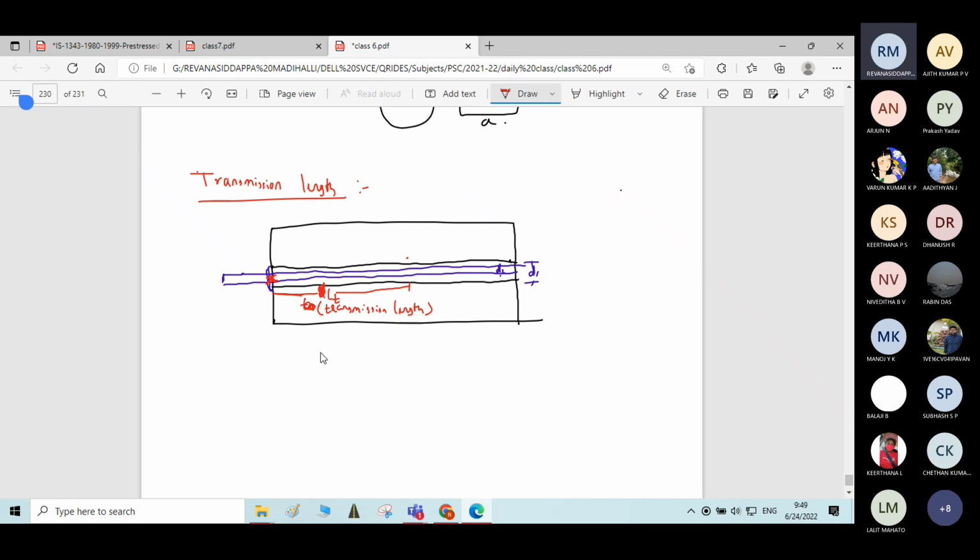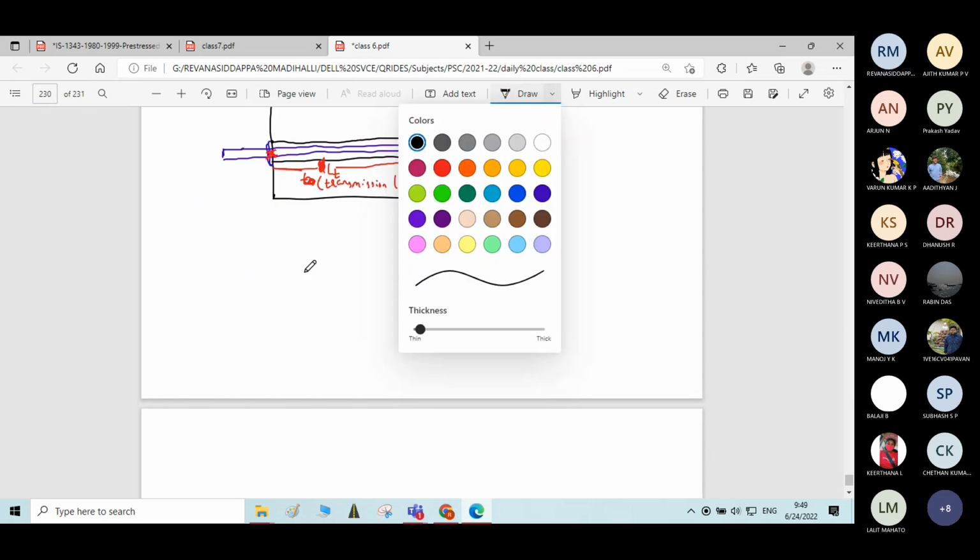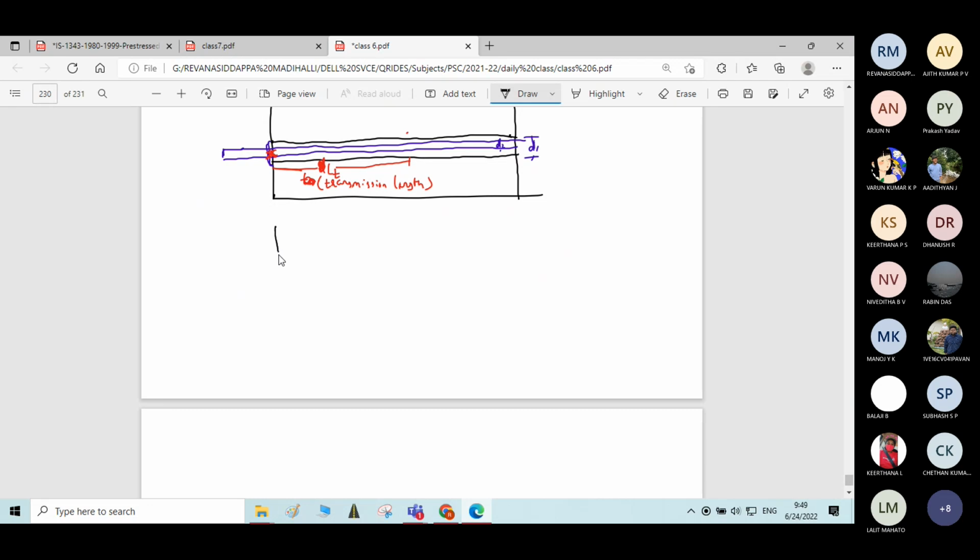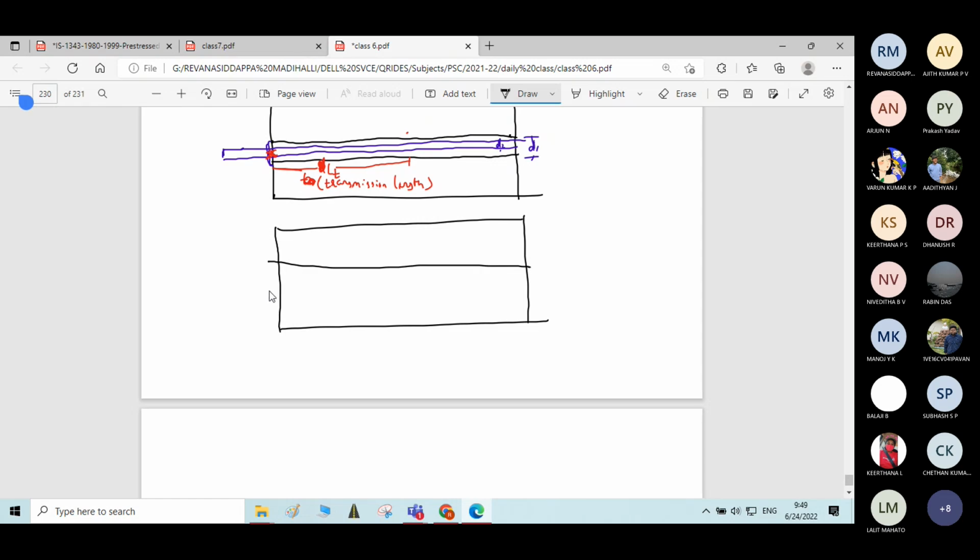Let me draw that shape in a separate diagram. Like this, it will regain the shape.